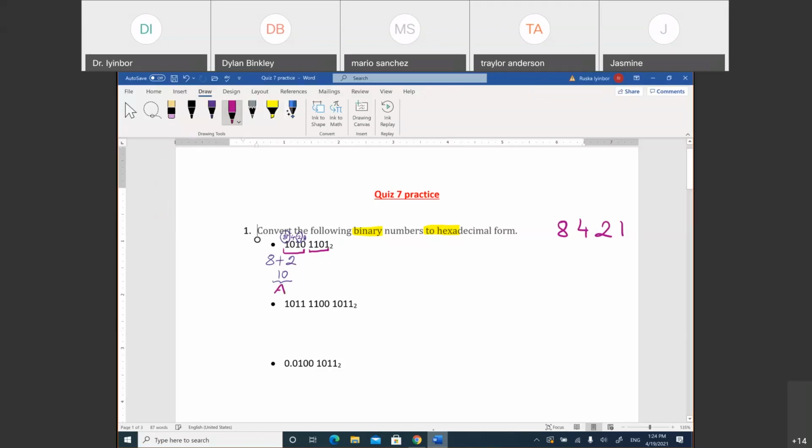And then you're going to do the second nibble the same way. So here I'm going to add 8, 4, 2, and 1. So I need to add 8 plus 4 plus 1, which is 13, right? And what is the letter for 13?